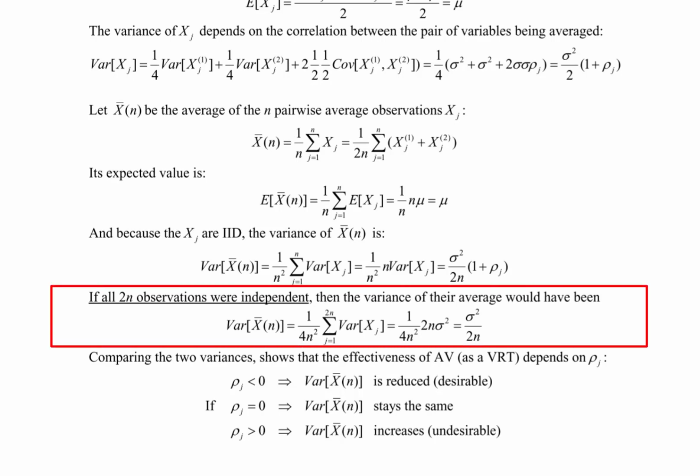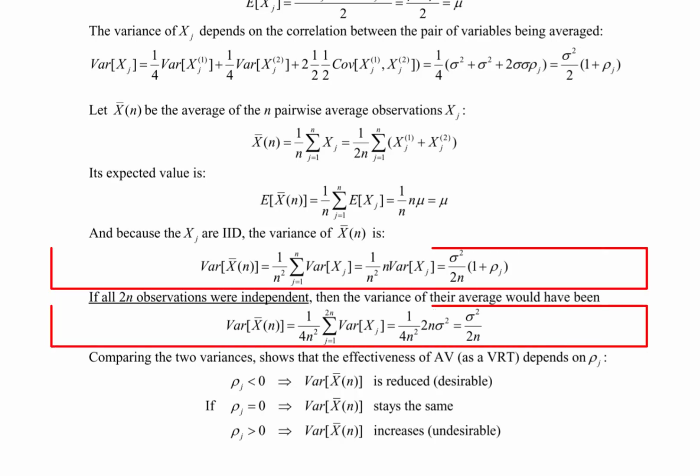If instead of performing antithetic variate sampling, we simply run the simulation 2n times and obtain independent samples, then the variance of their average is again simple to calculate and it would equal sigma squared over 2n. We now have two variance measures that we can compare. One is sigma squared over 2n times 1 plus rho, and the other one is simply sigma squared over 2n.